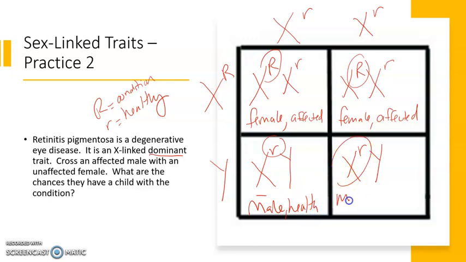And down here another male who is healthy. So these parents, if they were to have children, all of their girls would have retinitis pigmentosa, and all of their boys would be healthy and would not have the condition.